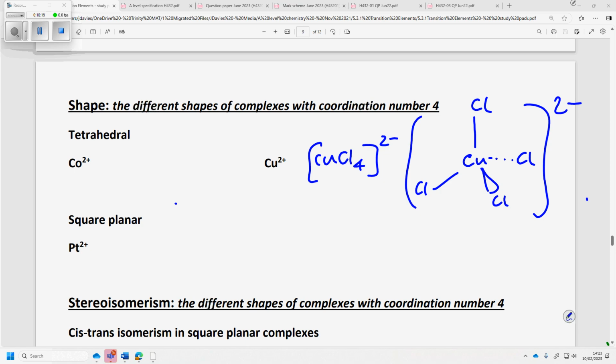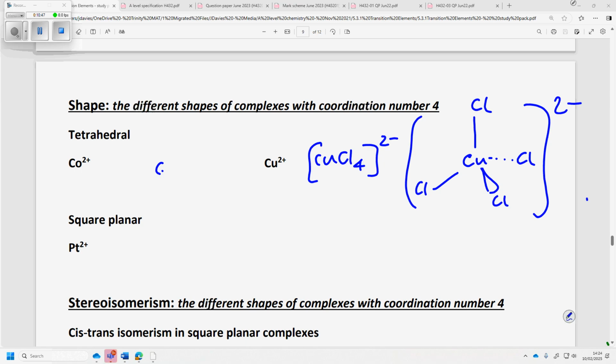Well, when we're thinking about shapes of complexes, coordination number 4 means there are 4 dative covalent bonds to the central metal ion, 4 chloride ions around the central metal ion, each one forming a single dative covalent bond to the central metal ion, gives us our tetrahedral arrangement.